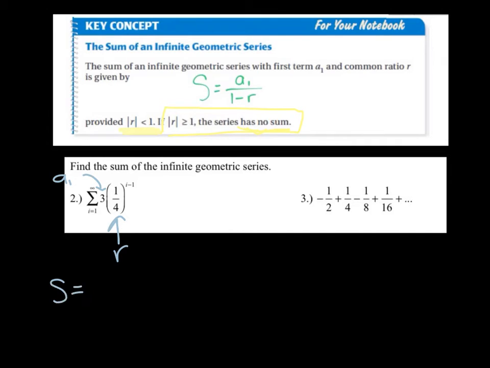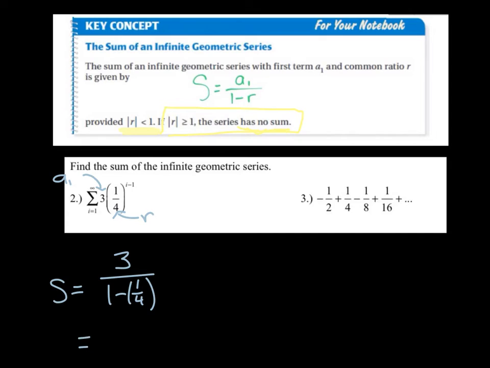So the sum is going to equal 3, because that's your first term, over 1 minus 1/4.